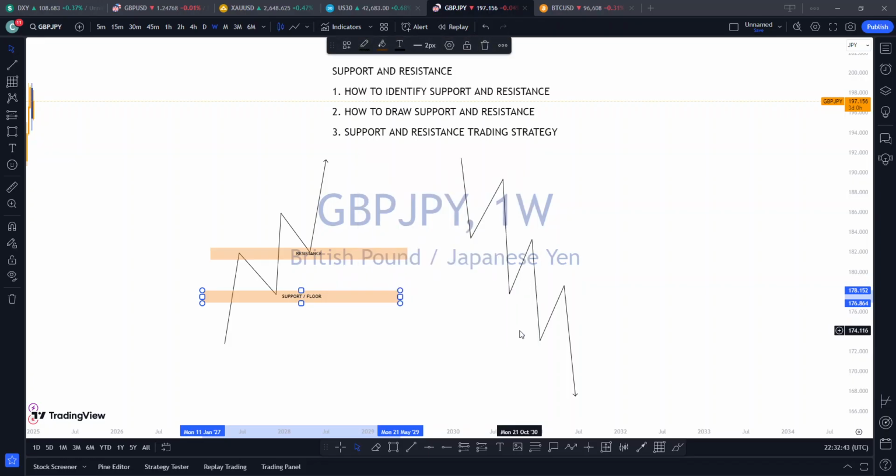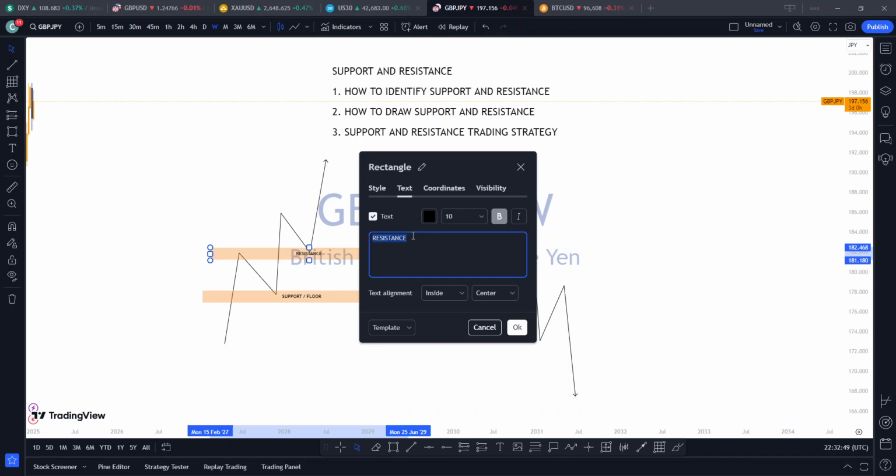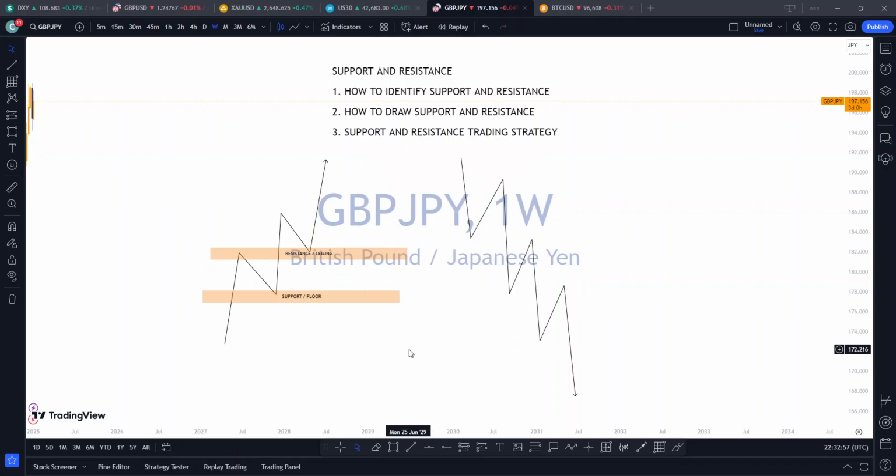So it's the zone below, that's what support is, and resistance is the ceiling because it's above. That's how you can understand what support and resistance is, just for you to know.